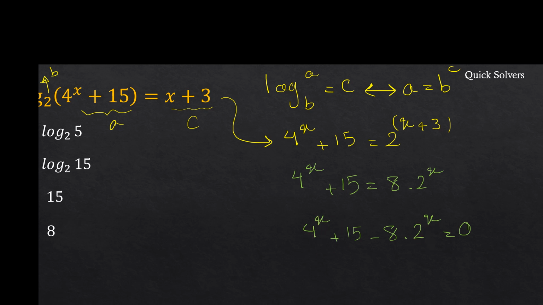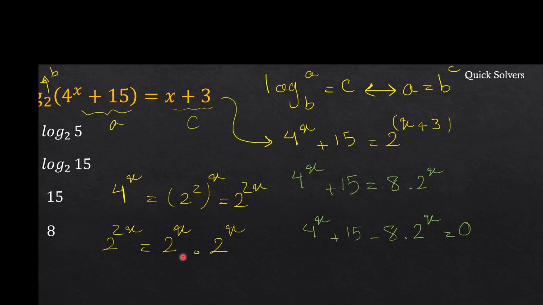The good thing is that since we have 4 to the power of x, I can rewrite this as 2 to the power of 2, to the power of x, and this equals 2 to the power of 2 times x. And we know 2 to the power of 2x equals 2 to the power of x times 2 to the power of x.